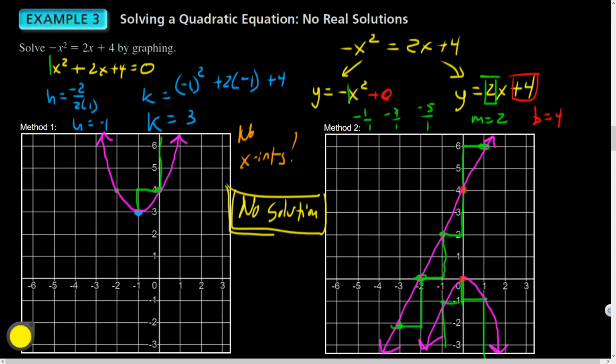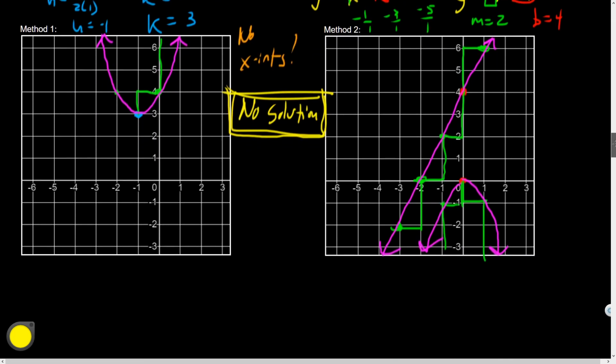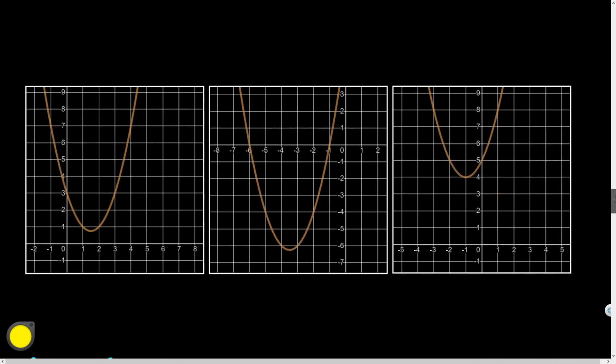And so both of these approaches verify the same thing. So it turns out with method 2, is what your book's going to call this, you can take each half of the equation and just write it as its own function and then graph them. And sometimes that might be easier. And so that's a perfectly fine approach.